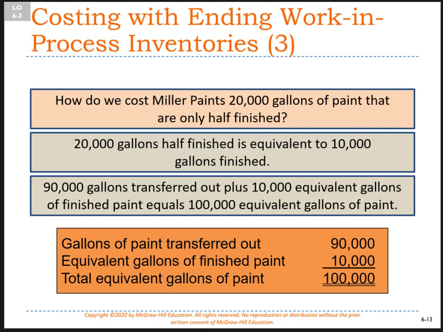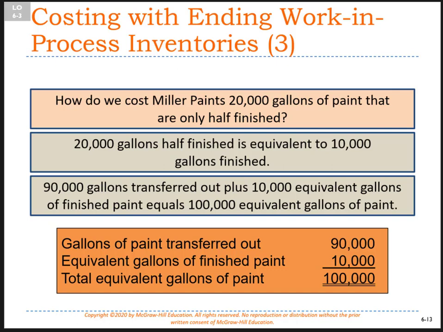So what we really did during the month is we had 90,000 gallons that were completed and transferred, and we have 10,000 equivalent gallons, with the same work, materials, and everything as a finished product, that's still sitting in work in process. So we have 90,000 transferred out, 10,000 equivalent gallons.